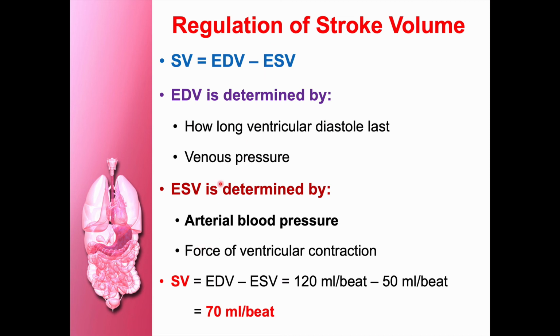End systolic volume is determined by arterial blood pressure. What is the normal blood pressure? Systolic pressure is 120 millimeters of mercury. So stroke volume is equal to end diastolic volume minus end systolic volume, that is 120 ml minus 50 ml, which is equal to 70 ml per beat, the stroke volume.